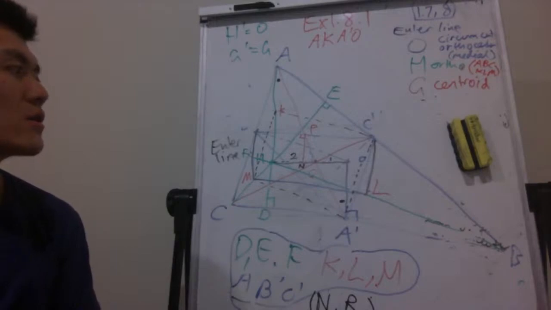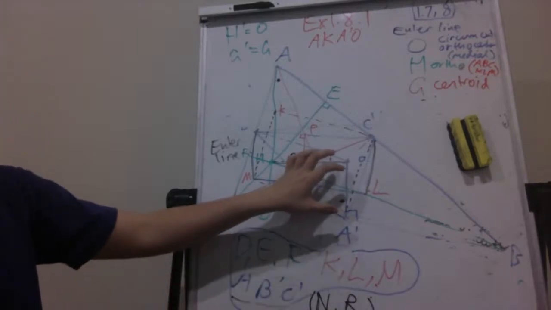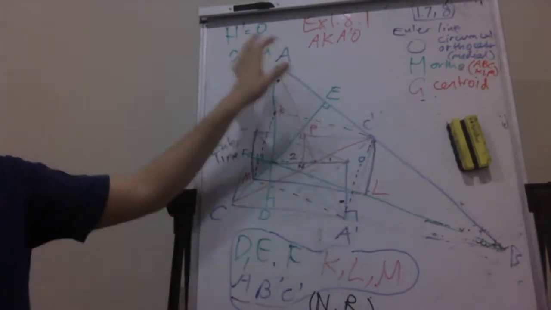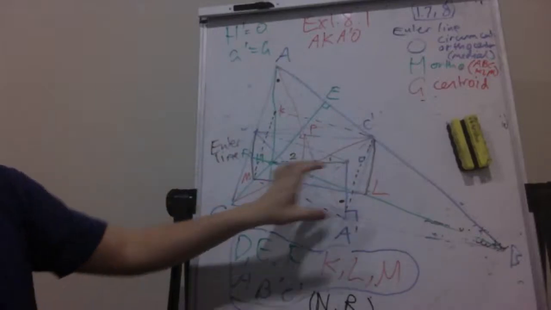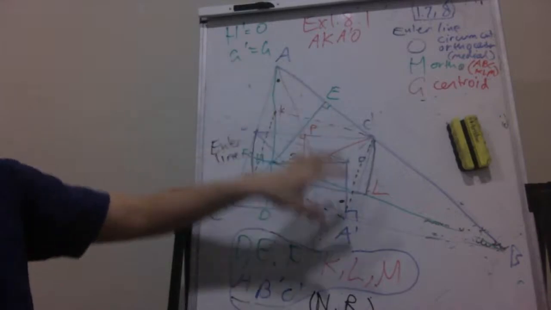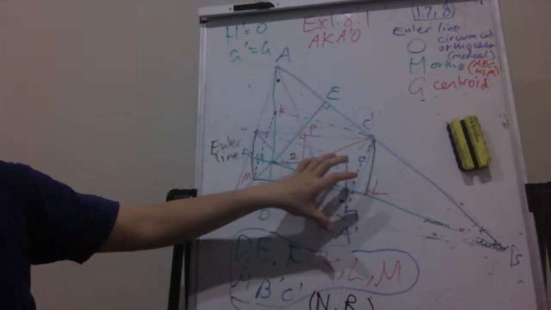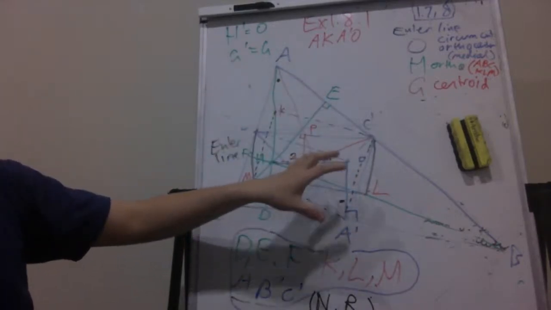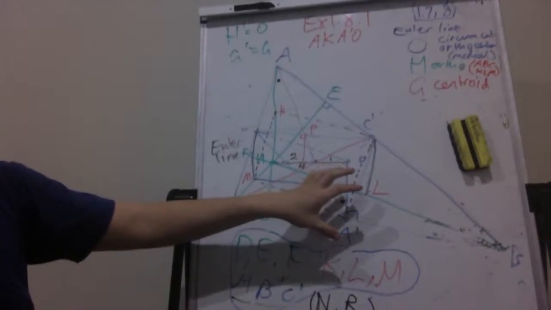So the point is the medial triangle is similar to the big triangle, and A prime corresponds to A, right? And it's similar in the ratio 2-to-1. So everything about it is half of the big triangle.